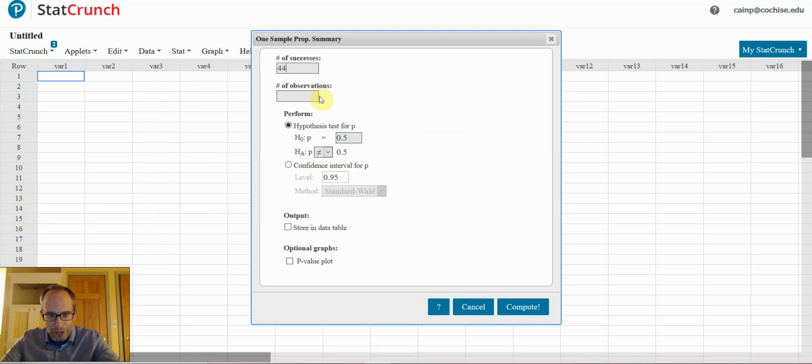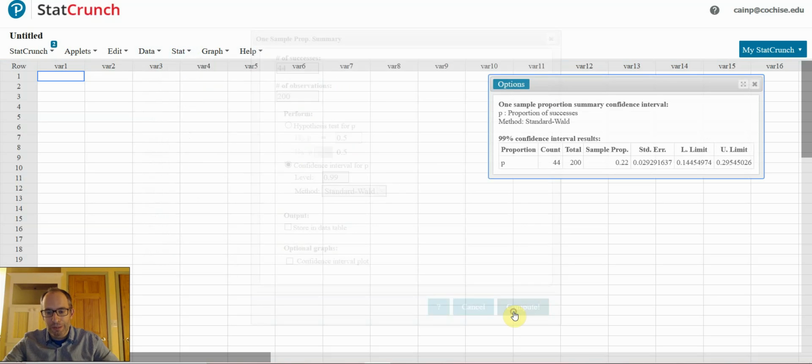And then it was 44 out of 200. And then we want a confidence interval, a 99% confidence interval, so you got to change the confidence level, and then compute. Yeah, there we go, right? So to 4 places, we're in the exact same place we were, 0.1455, 0.2955. Or to 3 places, 0.145 and 0.295.